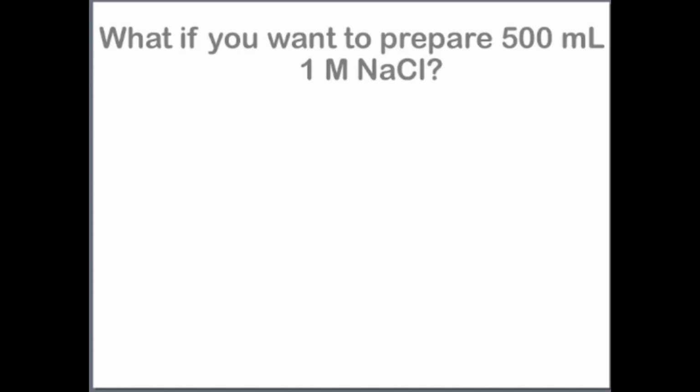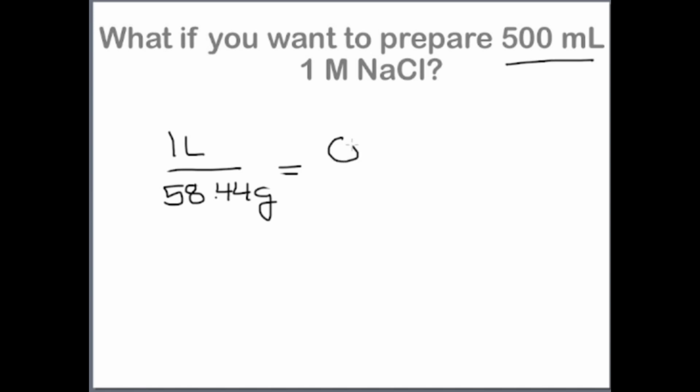Well, let's suppose that instead of making 1 liter, you wanted to make 500 mils. Well, it's the same logic we could use again. We know that if 1 liter of sodium chloride requires 58.44 grams, then we can say if we want half a liter, remember 500 mils is half a liter, is going to require how many grams?